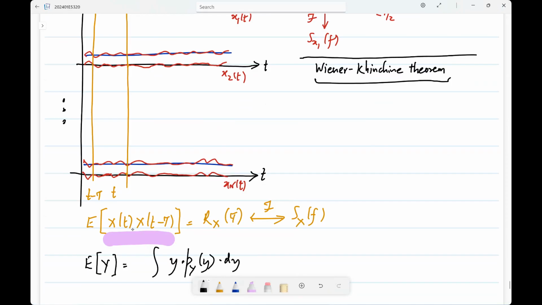This is what you do. This is the mean value. So similarly, you have to take this product, find the probability density function of that product, and average it over all of that.